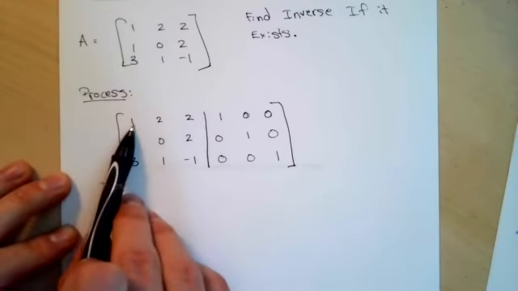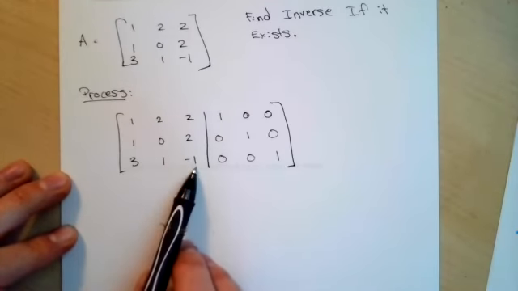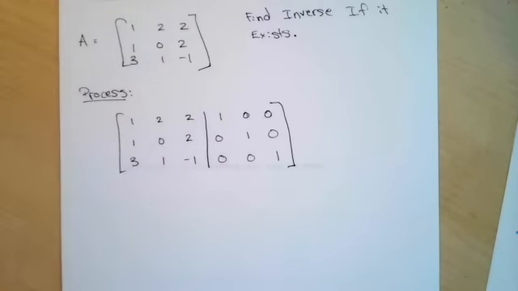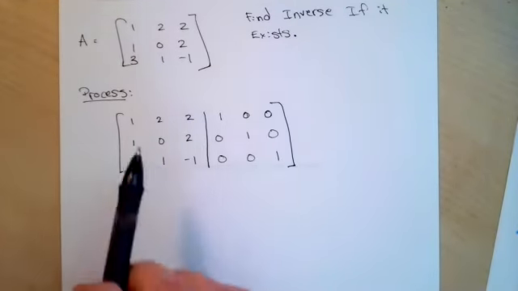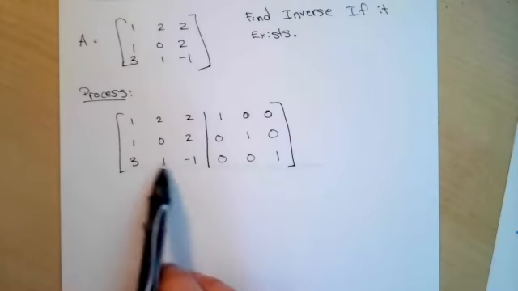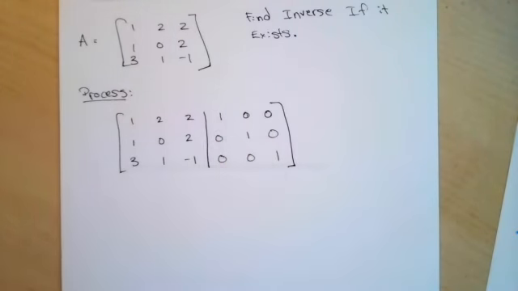We want to get ones in our leading entries and have exactly one for each column. And when we perform these operations to get reduced row echelon form on the left, we're going to perform the same operations on the right, and then that matrix on the right will give us the inverse. So let's go through that.